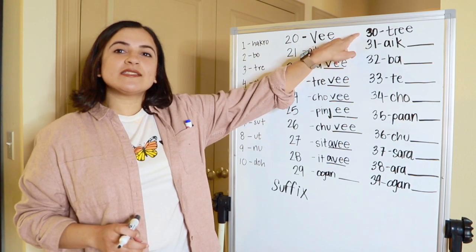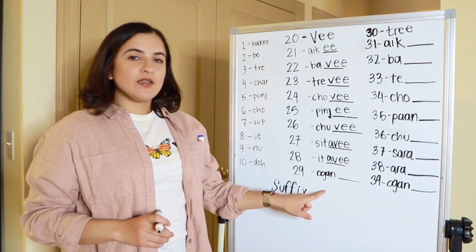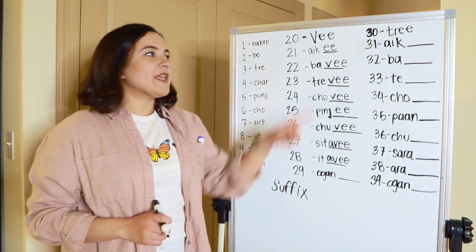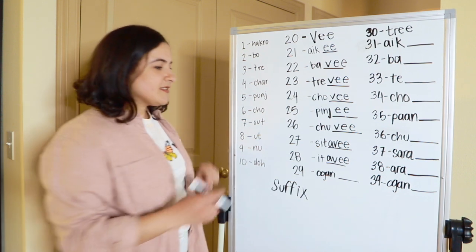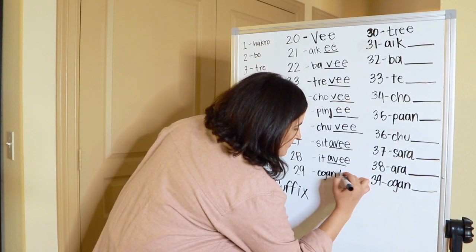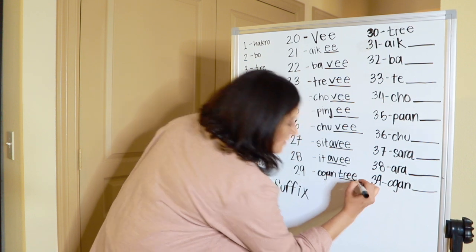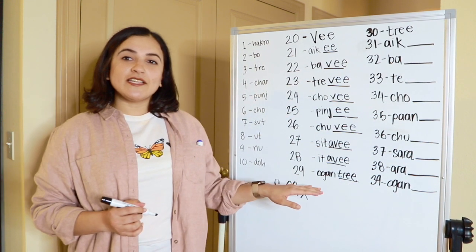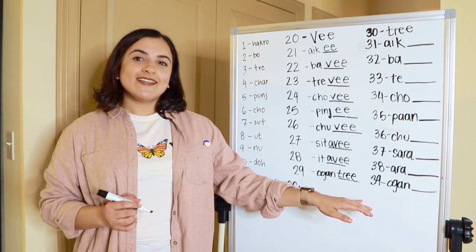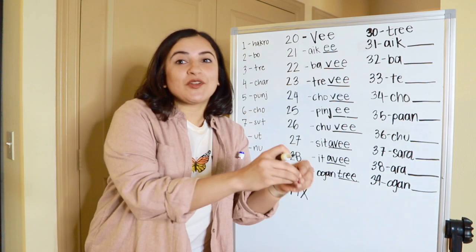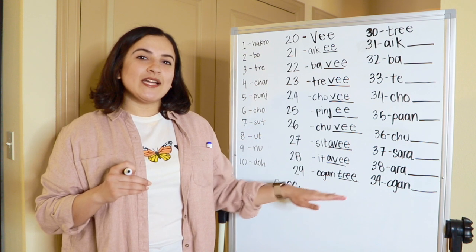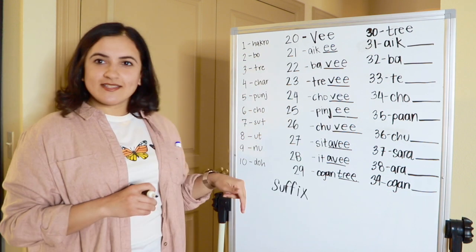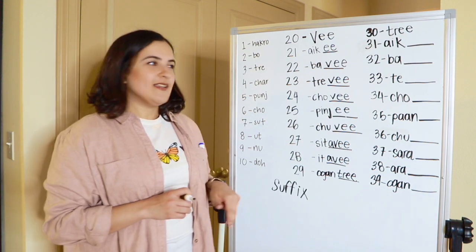So knowing that 30 is 3, what we do with 29 is we add 3 as the suffix. So 29 is actually ogan 3. It's like the one before 30. Ogan 3.